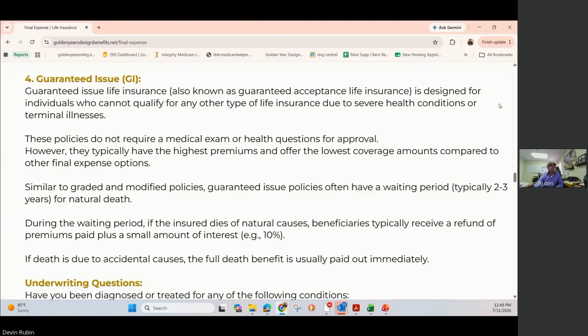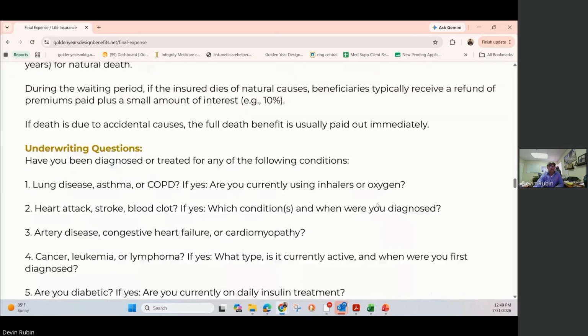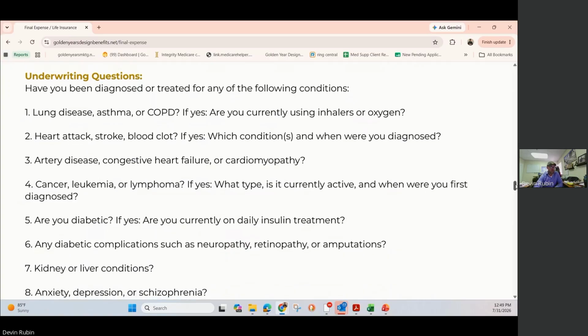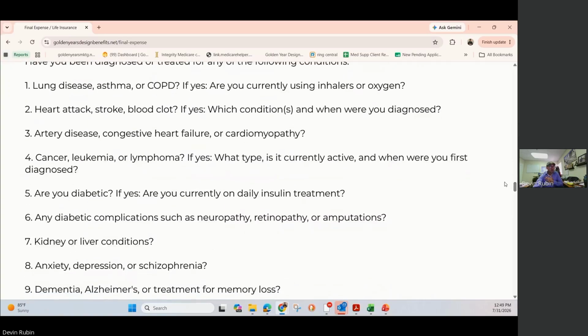All right, so let's go through what general underwriting questions look like that would disqualify somebody for day one coverage. These are the general questions that I pulled off one of the final expense, simplified issue or day one coverage. So if your client has lung disease, COPD, or if they're using an inhaler or oxygen, they would typically struggle to get day one coverage, and they would get pushed probably towards a graded or modified policy.